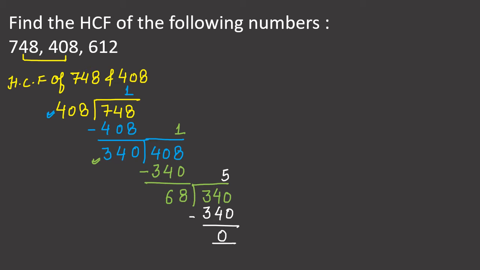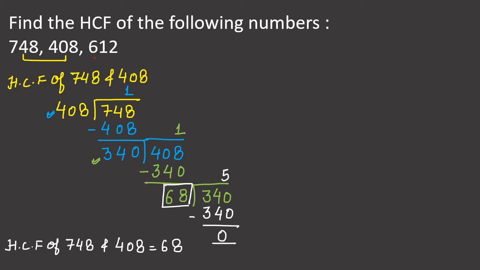So our division we have to stop here. Last divisor is 68. Therefore, HCF of 748 and 408 is equal to 68.